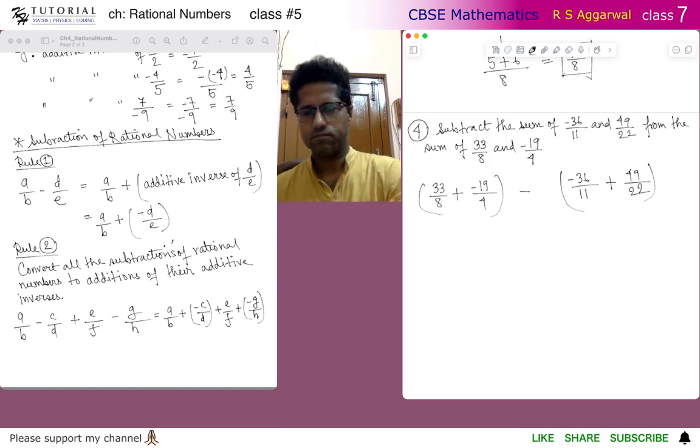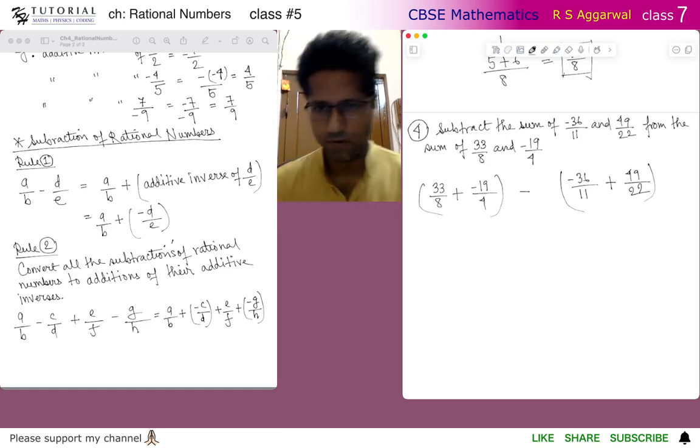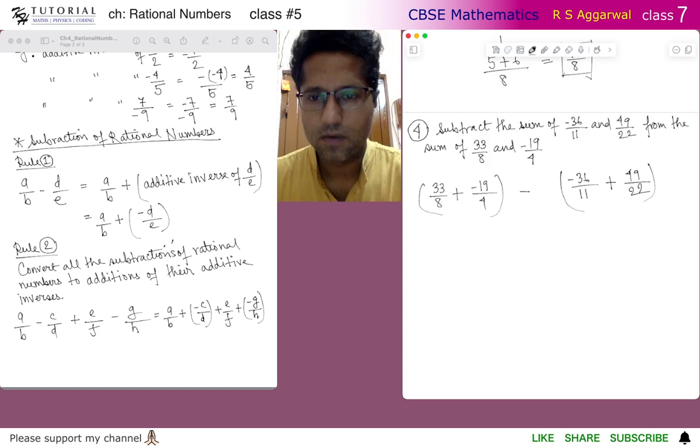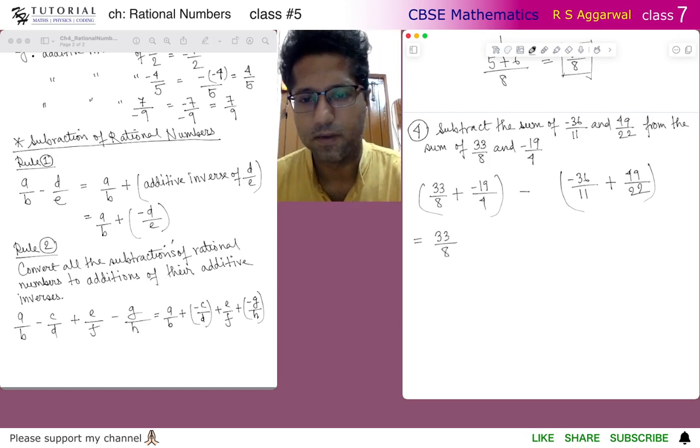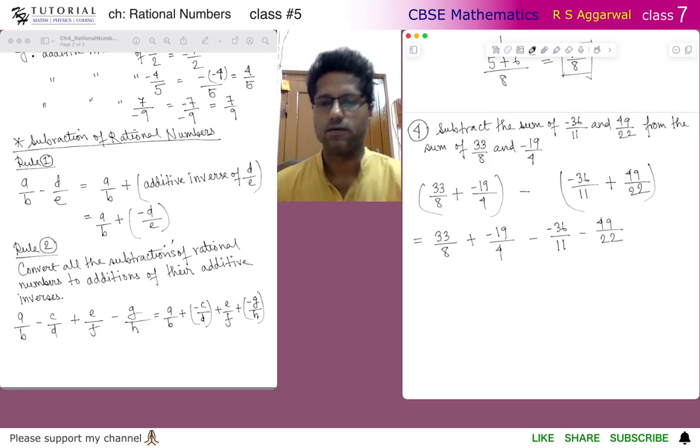So I will prefer to write it as an expression of addition and subtraction of multiple rational numbers. So essentially this becomes 33 by 8 plus minus 19 by 4 minus minus 36 by 11 minus 49 by 22. So this is the expression. You have to simplify this.